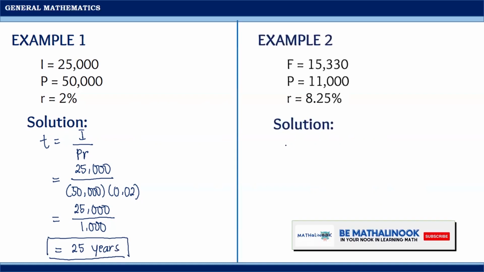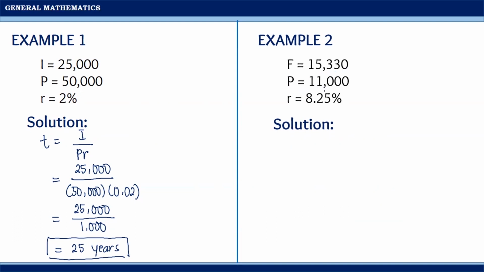Let us try another one. Suppose that the future value is equal to 15,330 and the principal is equal to 11,000 and the rate is equal to 8.25%. Let us try to find the value of t. Since t is equal to I divided by p times r, notice from the given that we do not have the value of I. However, from the previous example, recall that I, or the interest, is actually equal to f minus p.